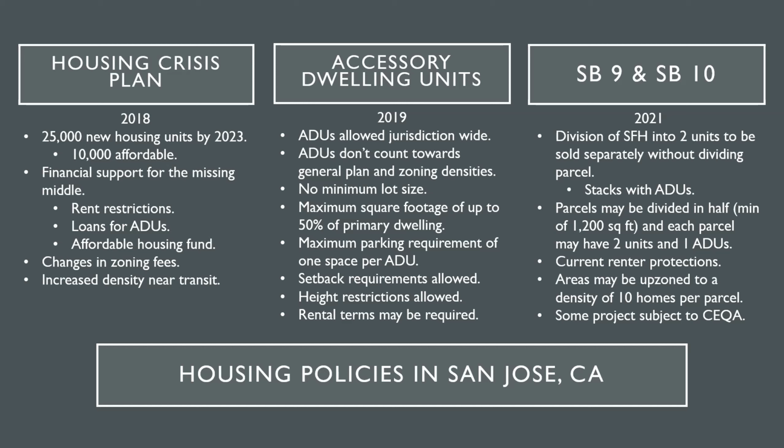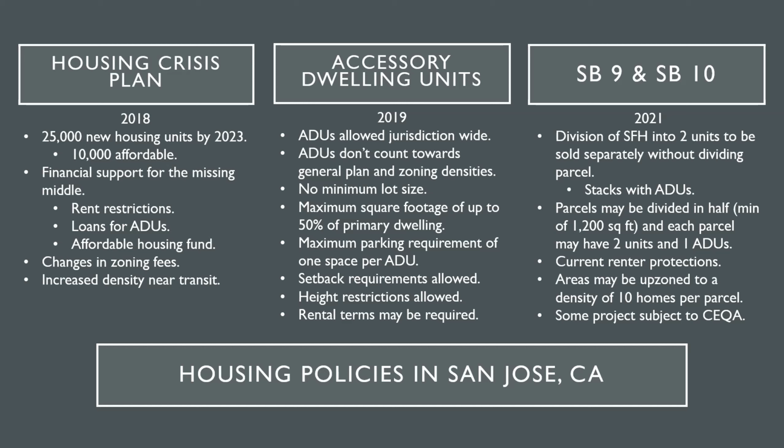This division stacks with ADUs, effectively allowing up to 4 units per parcel. This bill also allows parcels zoned exclusively for single-family residential to be divided in half, and each parcel may have a duplex as described above and 1 ADU. So that would bring it up to, I think, 6 per what was previously a single parcel.